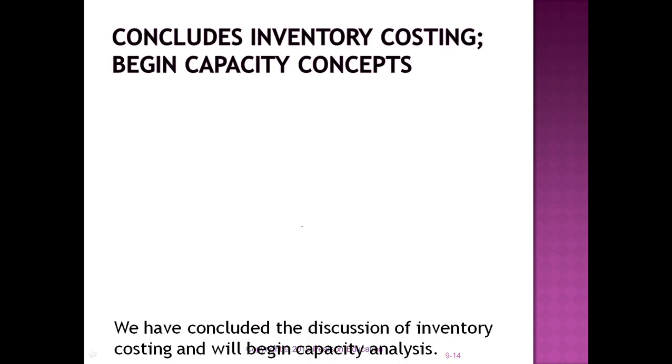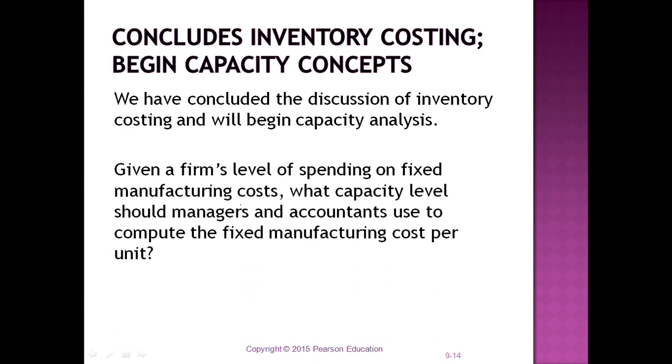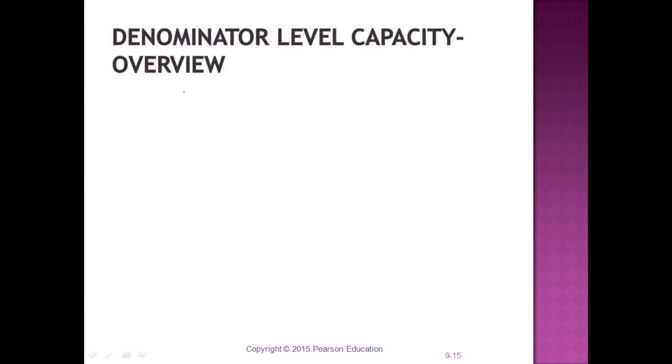So finally, we can conclude the inventory costing discussion, and in the next slide we are going to talk about the capacity level aspect of this chapter. So we'll talk about denominator level capacity. What does that mean?